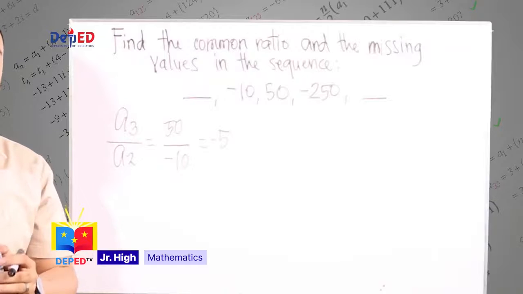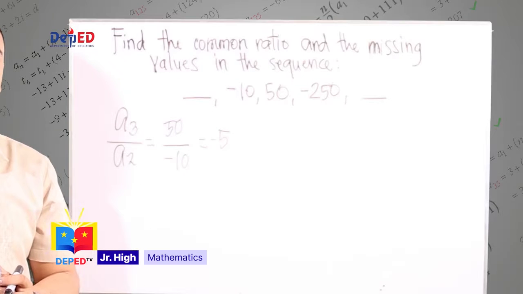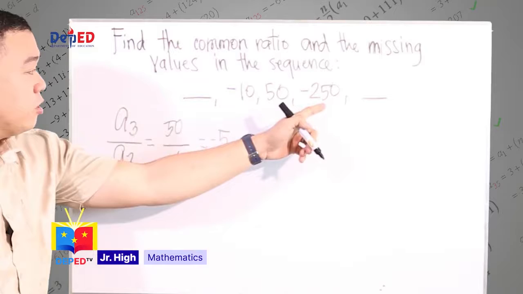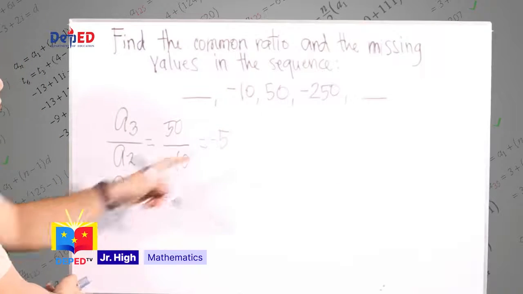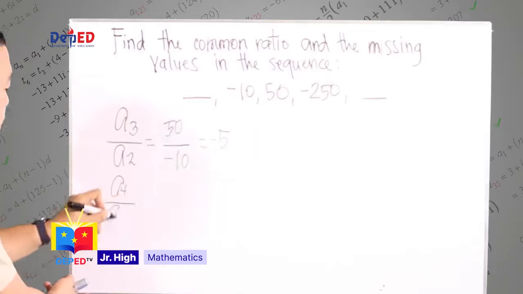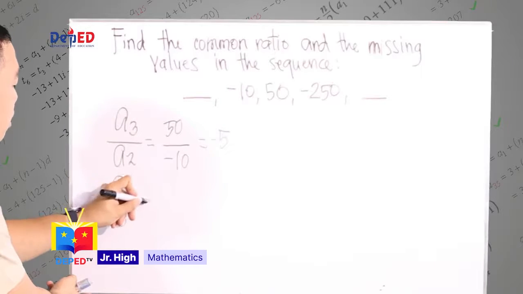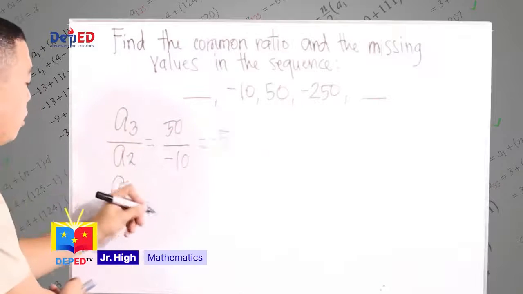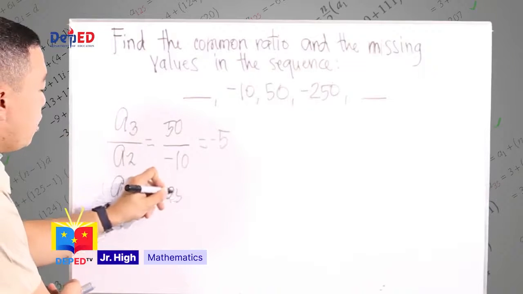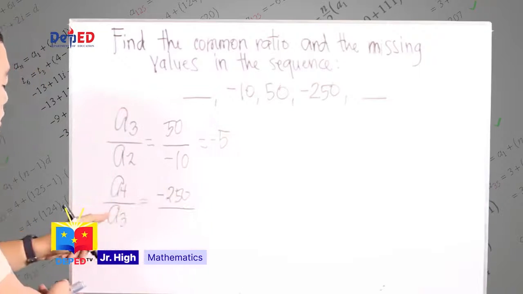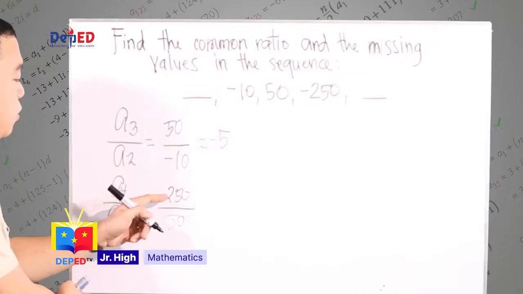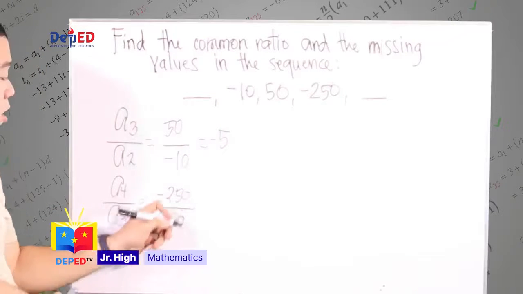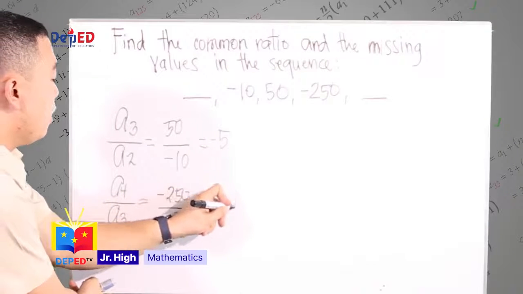To confirm whether we have the same common ratio, we will try the fourth term, a sub 4, divided by the third term, a sub 3. A sub 4 is -250, divided by the third term, which is 50. -250 divided by 50 will give us -5.